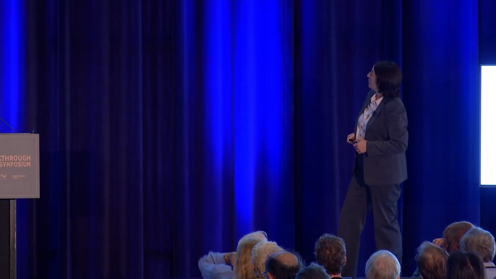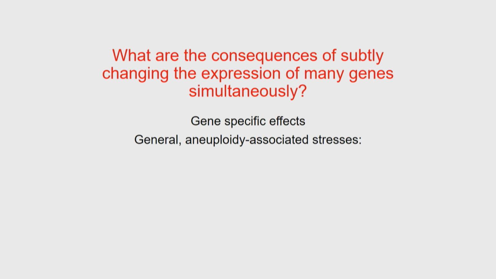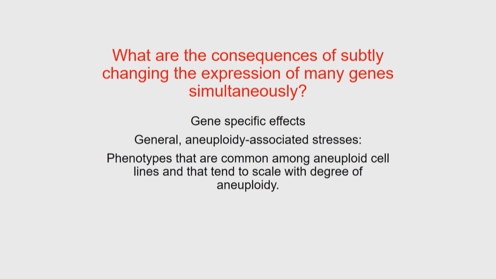The surprise came from a different set of phenotypes or traits that are not as intuitive, which we call the general aneuploidy-associated stresses. What was remarkable about those is that these phenotypes are common among many different aneuploid cells, and they tend to scale with the degree of aneuploidy that exists in these particular cells.